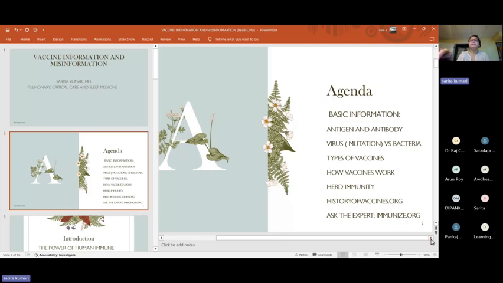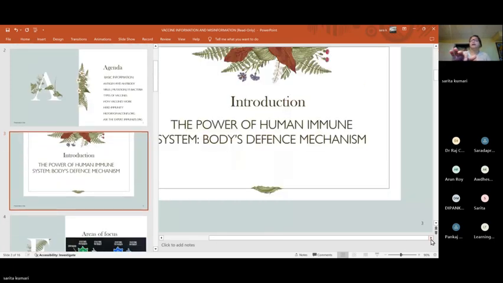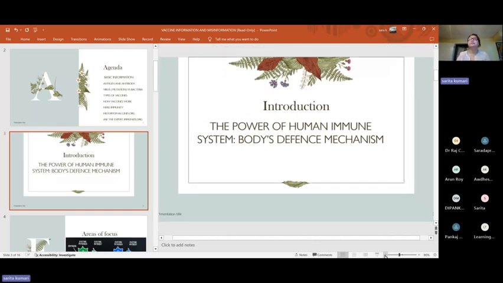So what is the immune system? The human body has a very robust immune system or defense mechanism. I'm not going to go into all detail, but one of them is antibody formation against any antigen. An antigen is any foreign body that enters the human body, which can be protein or other forms, but we will go mostly by protein.